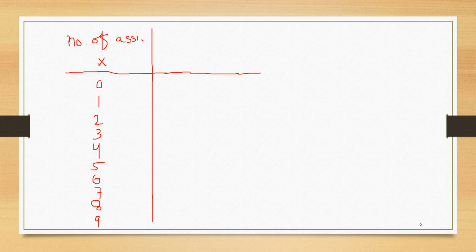To make frequency, first we will have a tally bar column. Tally bar is very useful to calculate frequency. And the last one will be the column of frequency.